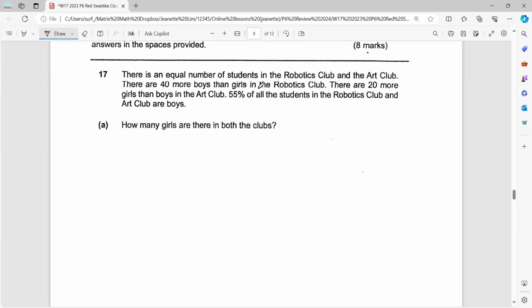All right, so firstly, robotics and art club has equal number of students. Let's just record this down. Robotics to art club, for the total, 1-to-1, equal. There are 40 more boys than girls in the robotics club. We're given difference. Let's draw a model. Under robotics, boys versus the girls, there are 40 more boys.